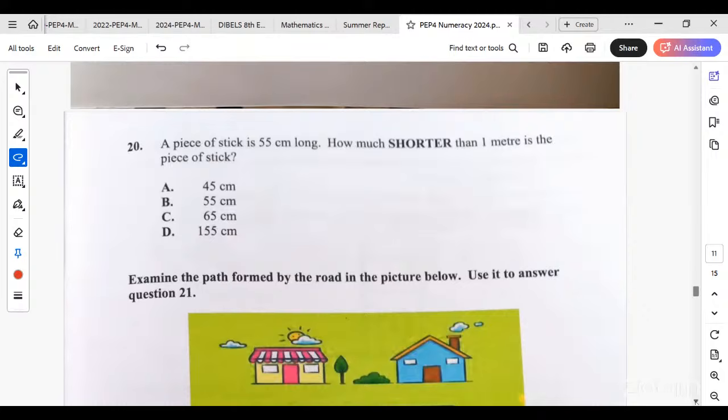And so the difference between 100 centimeters and 55 centimeters would be 45 centimeters. So the correct answer for 20 is A. It takes 100 centimeters to give you 1 meter, so it was shorter than a meter by 45 centimeters.